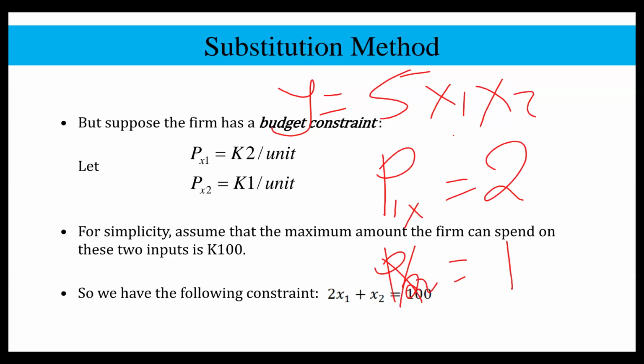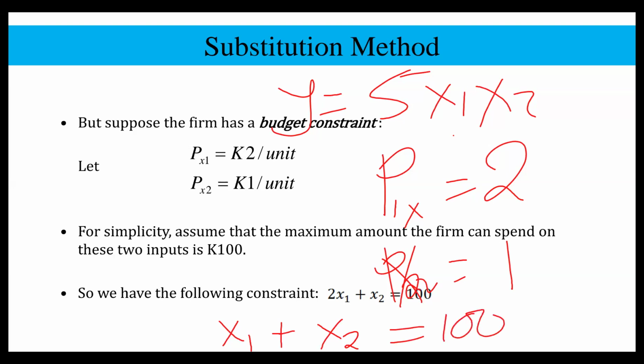And the total is 100. So our total budget: the spending on X1 and X2, consolidated together, should give you 100.